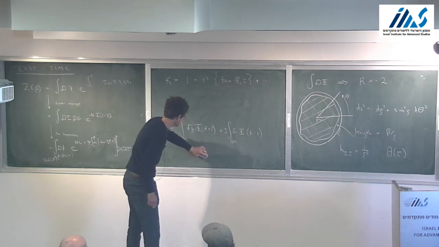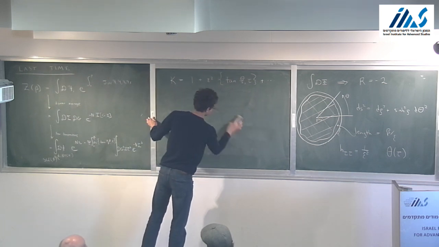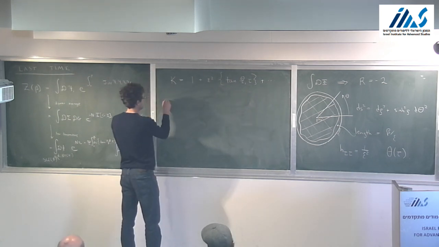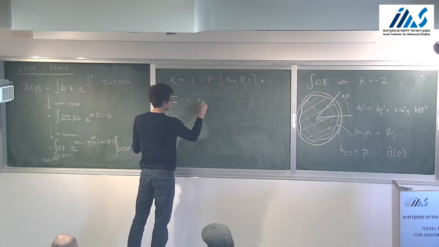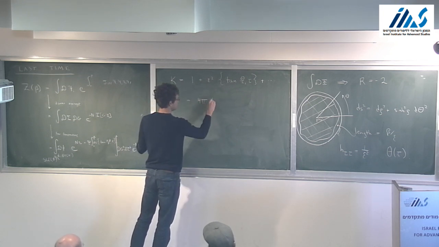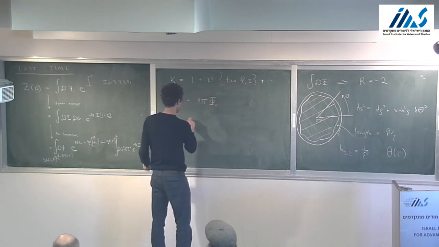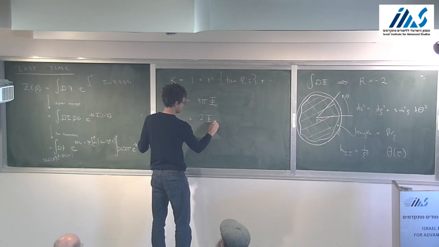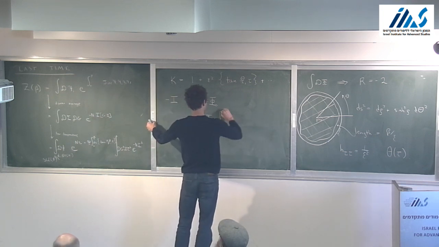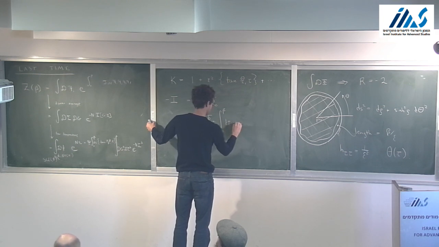So the whole action becomes 4 pi phi naught plus 2 times this renormalized value of the dilaton times the integral of the Schwarzian action.